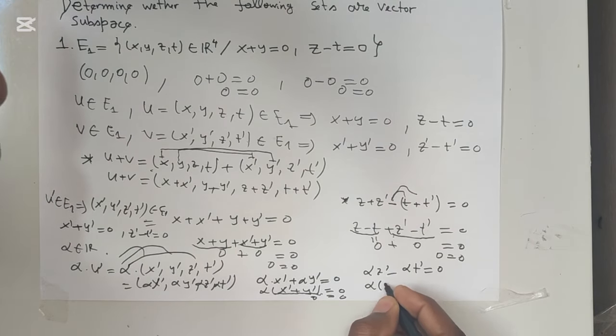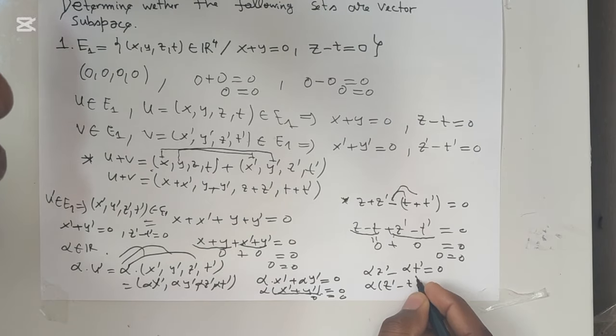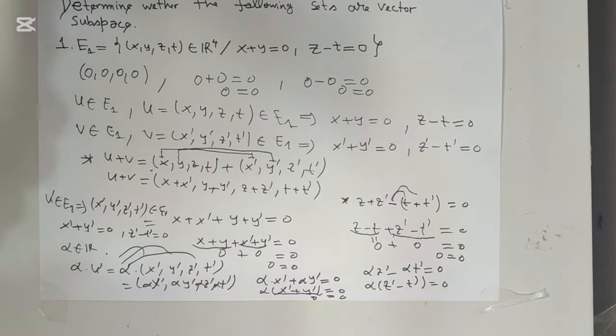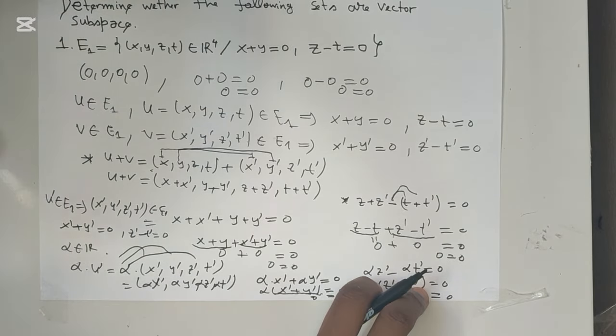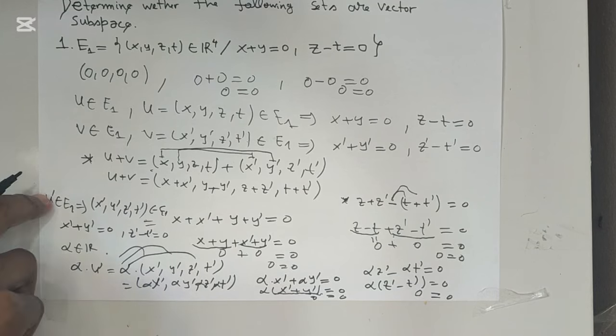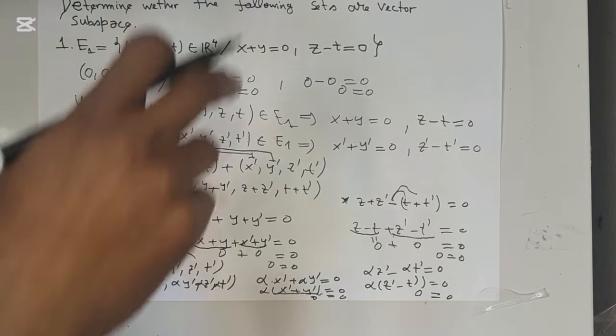If I factor out alpha, but then I've told you that this belongs to the set, which is 0, then alpha times 0 is going to be equal to 0. Because we said previously that u prime belongs to the set.